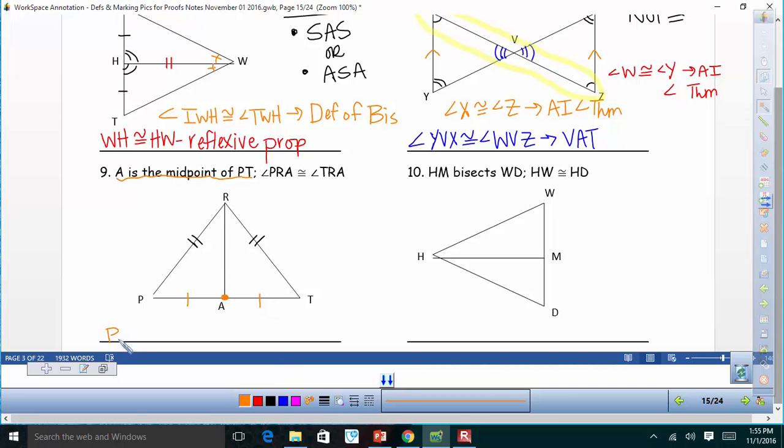So PA is congruent to AT, and that is by definition of midpoint. It also tells me angle PRA is congruent to angle TRA. So PRA is this angle right here. TRA is this angle right here.